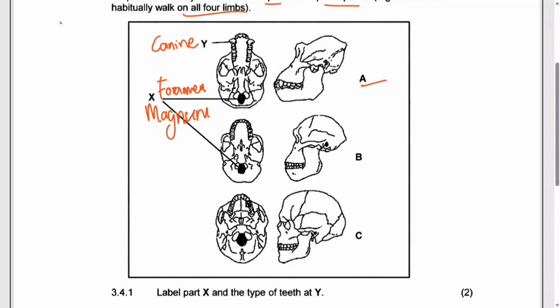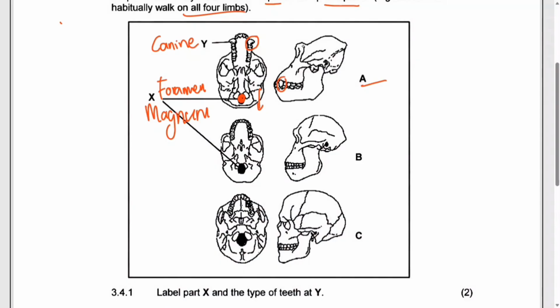We are given skull A, skull B, and skull C. Skull A represents a quadrupedal, or rather an African ape. We can see that the foramen magnum is positioned backward. You can see that we have a large canine here, and also a protruding face.